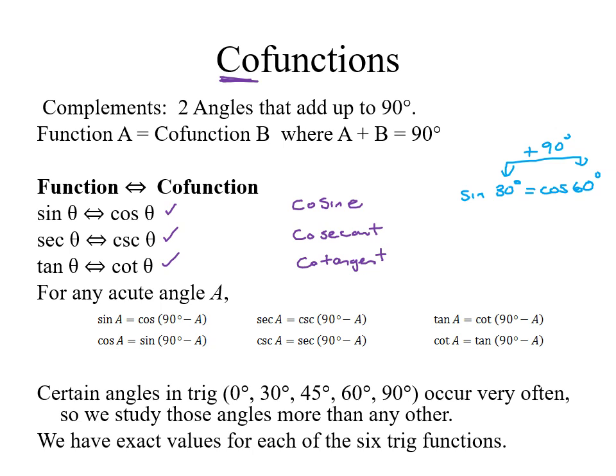That's why they come out to be the same thing. And you can do that identity for all of them. Cosine is sine of 90 minus the angle, or secant is cosecant of 90 minus the angle, and you can do it for all 6 of them. And so that is what a cofunction is. And then it pops up a lot for the 30, 45, 60, 90 angles, all of those acute angles that we're talking about in this section.